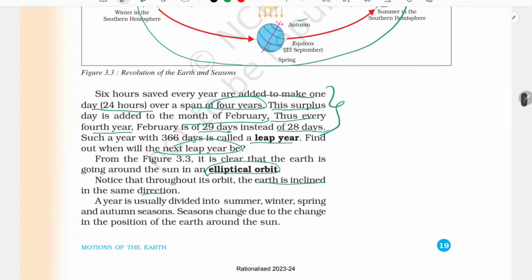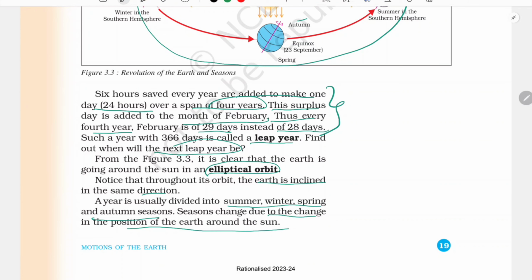A year is usually divided into summer, winter, spring and autumn seasons, as all of us know, isn't it? And season changes due to the change in the position of the earth around the sun. Why?